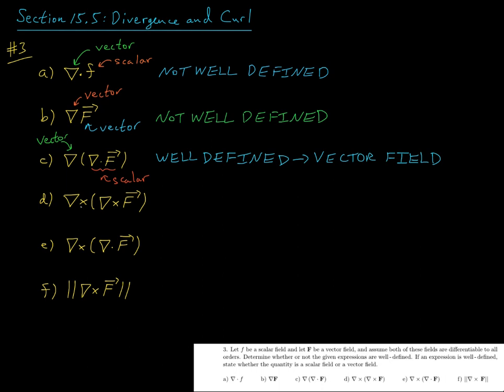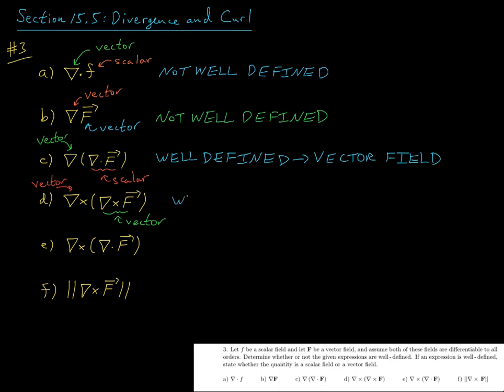Part D, we have del cross and then del cross F. Now, del cross F here, this is just the curl of the vector field F, and this produces a vector field. And does it make sense to take del cross a vector field? Yes, it certainly does. This is really just taking the curl of F. It makes sense to take the cross product of a vector with another vector.